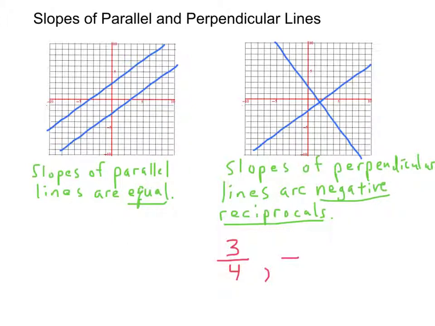So it would be negative 4/3. So 3/4 and negative 4/3 would be called negative reciprocals. They have opposite signs and they're also reciprocals. And this is how the slopes of perpendicular lines will work.